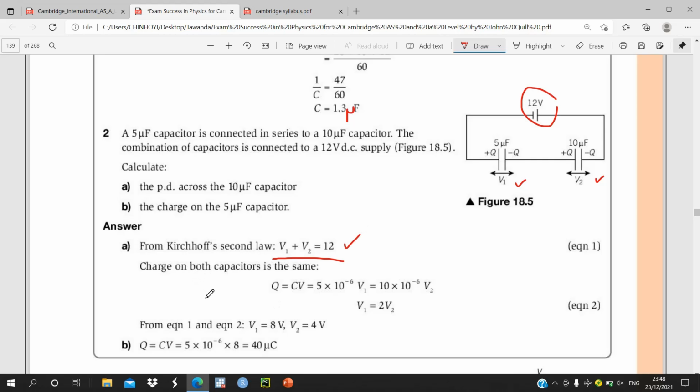So meaning to say, the charge on both capacitors is the same. Why? Because the current flowing through the circuit is the same. So charge is given by capacitance times voltage.